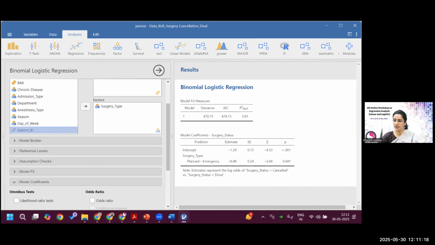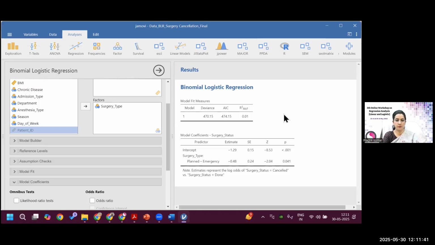Out of a total of 9 variables, 5 I included because the p-value of 5 variables was up to 0.2. So I've included them. What are those variables? Gender, age, department, anesthesia type, and the surgery type.